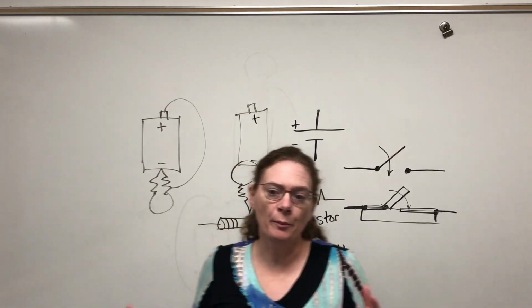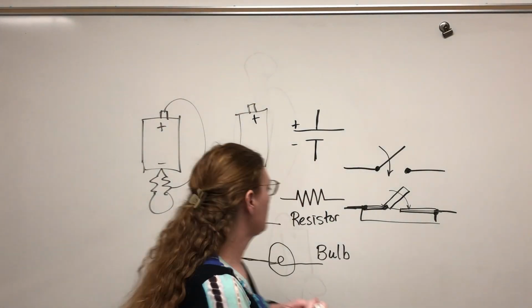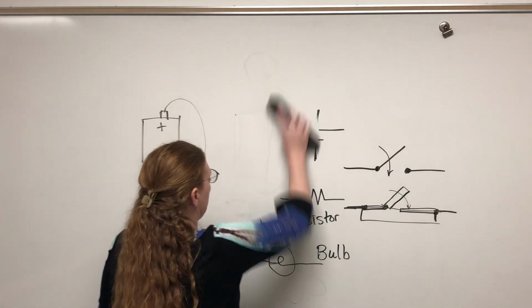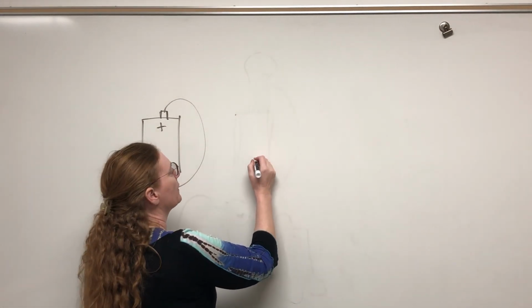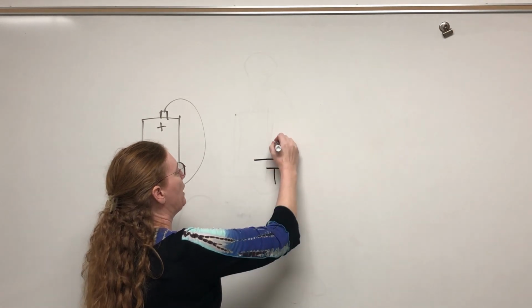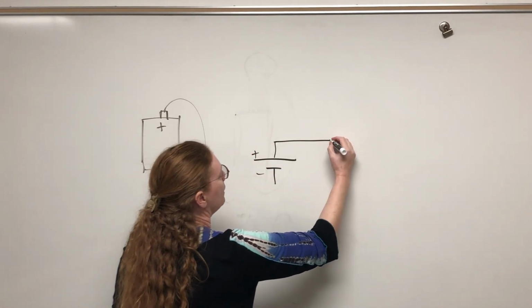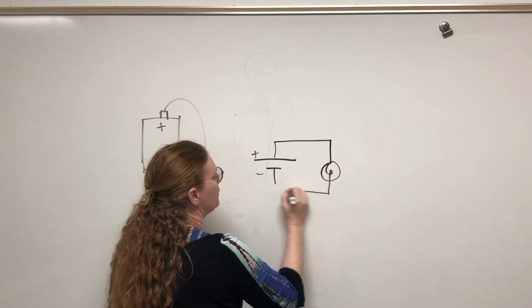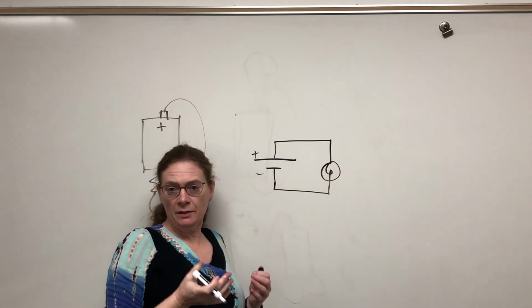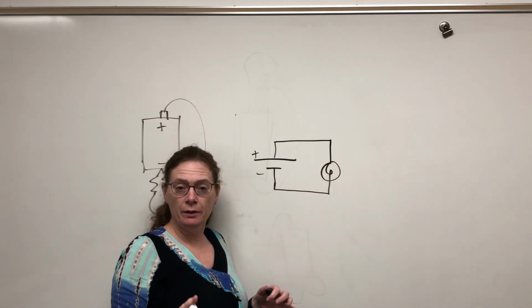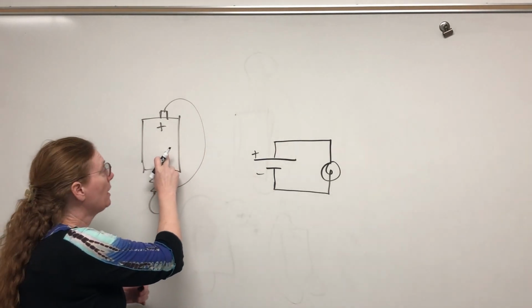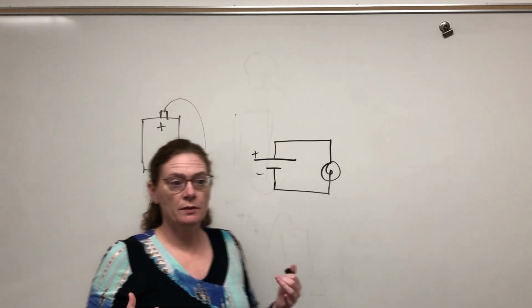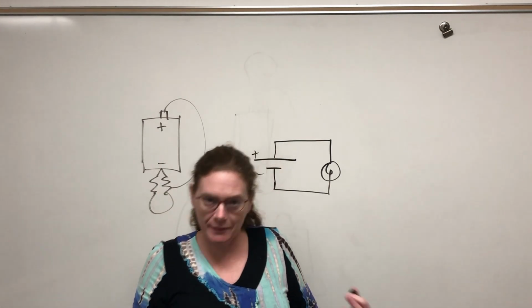The cool thing about the schematics is the basic 1 battery, 1 bulb. So I have a battery, and I'm gonna connect it up to a single bulb. So this is actually the way we would draw the schematic for all 4 of these arrangements, because all 4 of those arrangements are electrically the same.